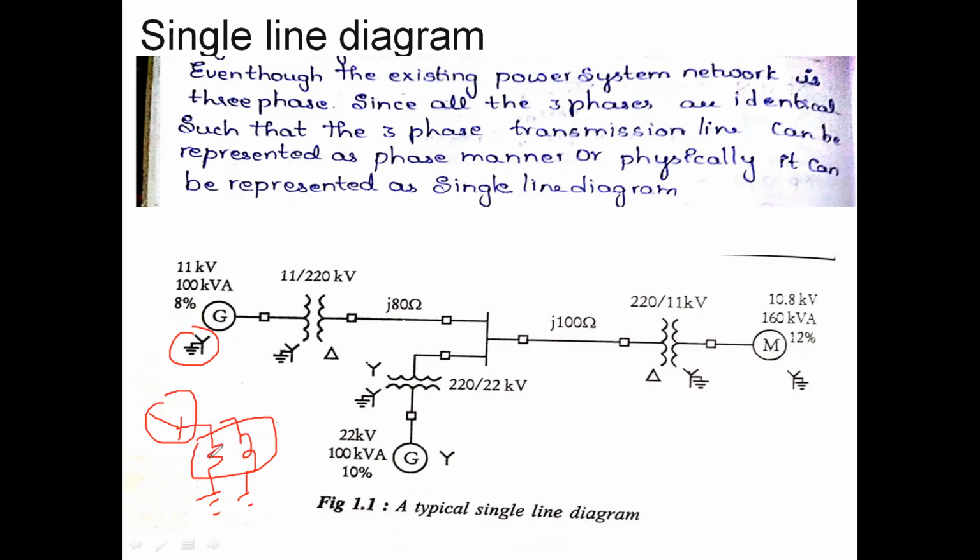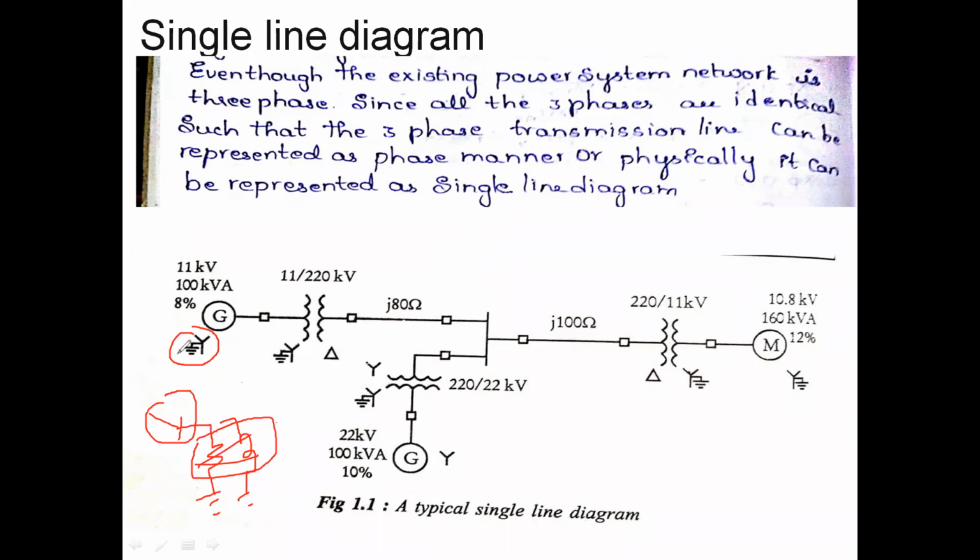In order to limit that current, we use some resistance, or a Peterson coil. We use some impedance between the neutral and the ground.